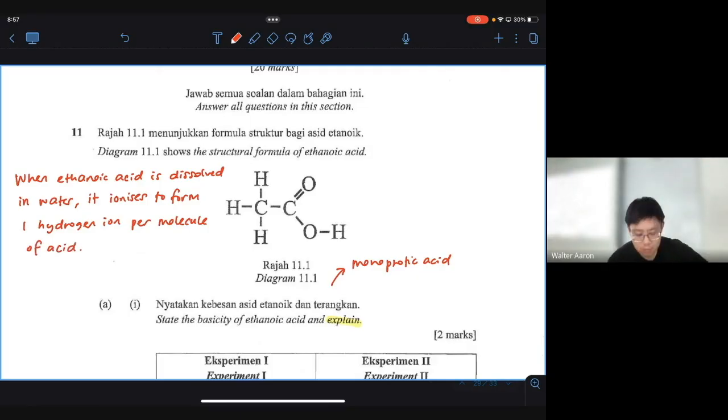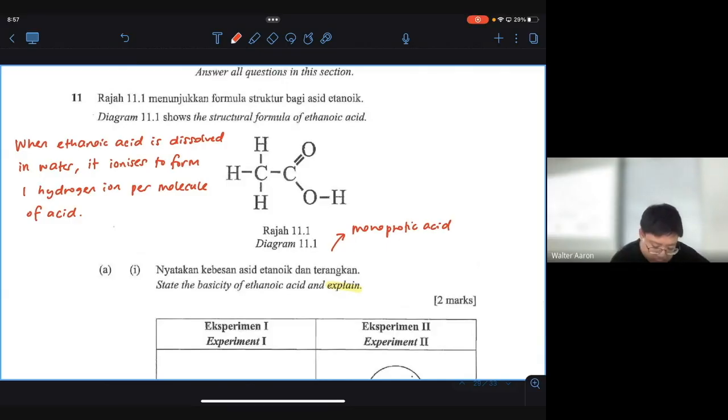Okay. If you want to write the chemical equation, also can, although you won't get marks for it. So CH3COOH, you put a reversible arrow with the water on top, and then you have ethanoate ion and one hydrogen ion. So it looks like that.